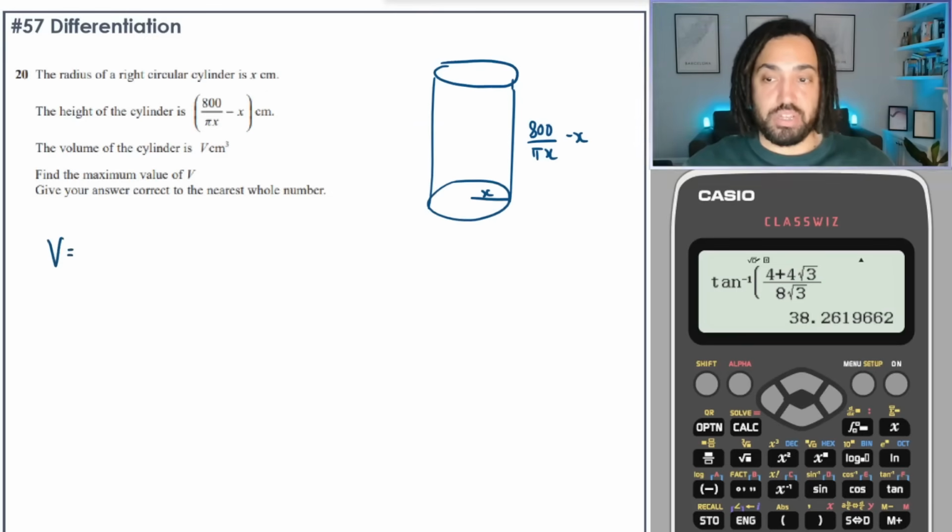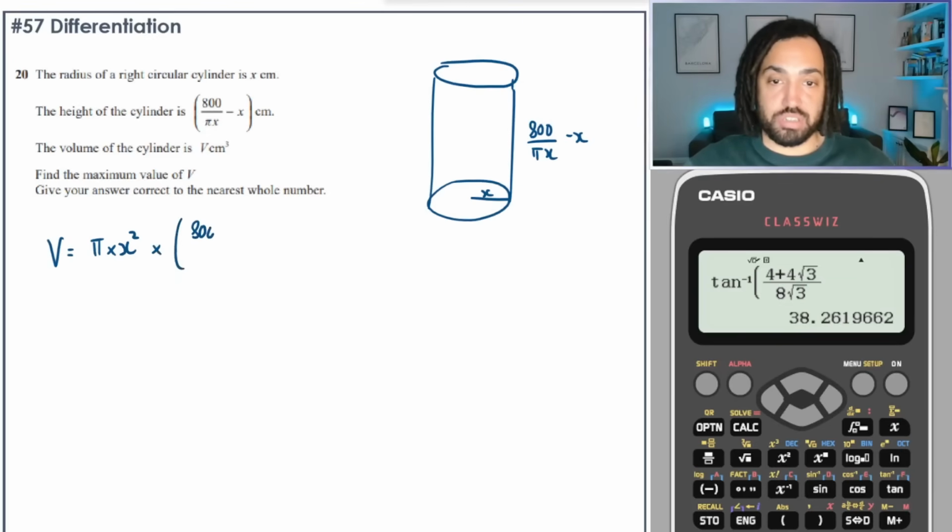Okay, so therefore V is equal to the volume of a cylinder, which is the base area, pi times r squared, r being the radius, in this case x, times the height, which in this case is 800 over pi x minus x.